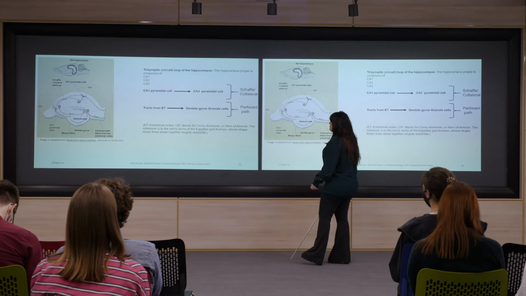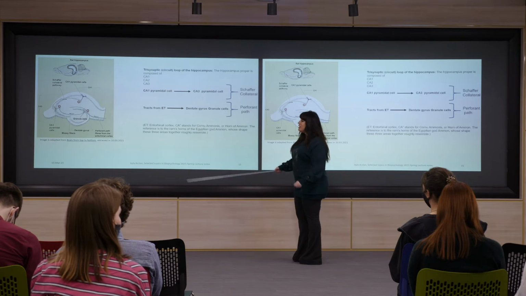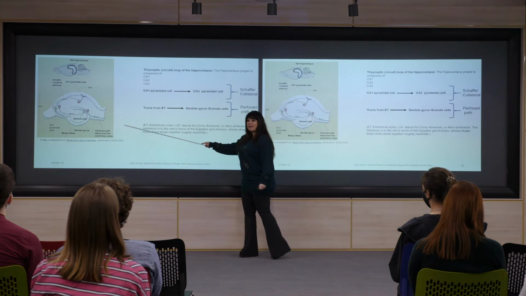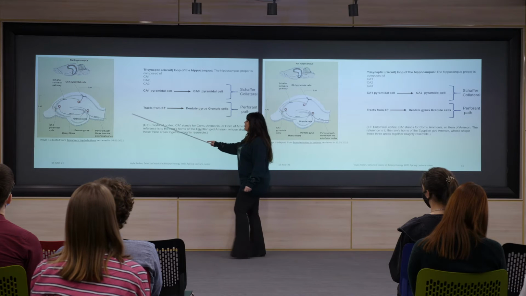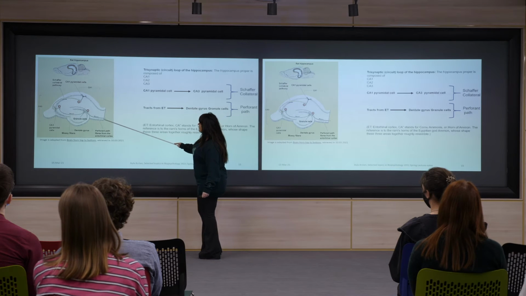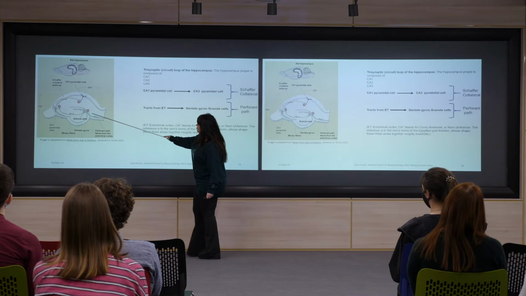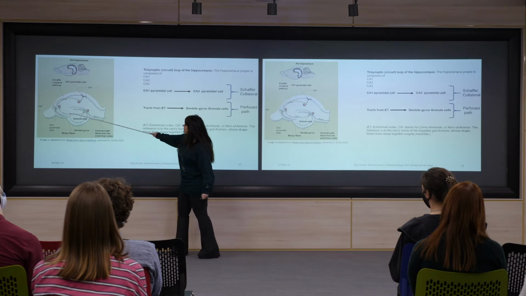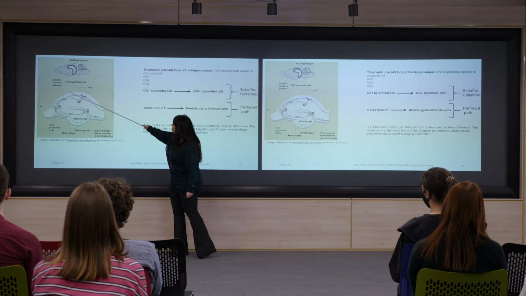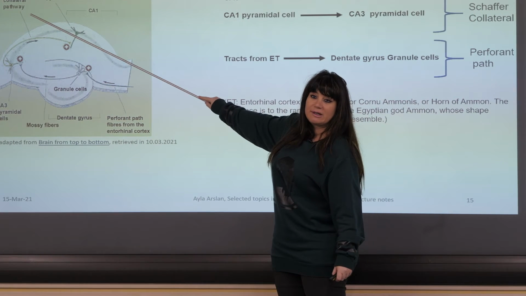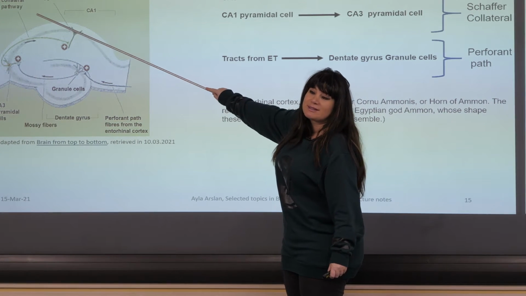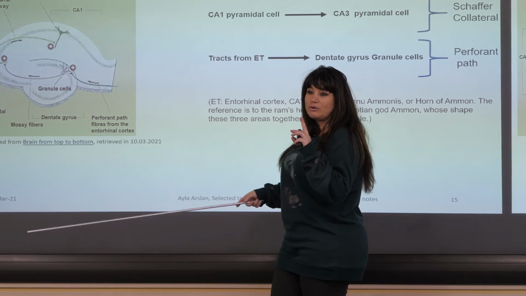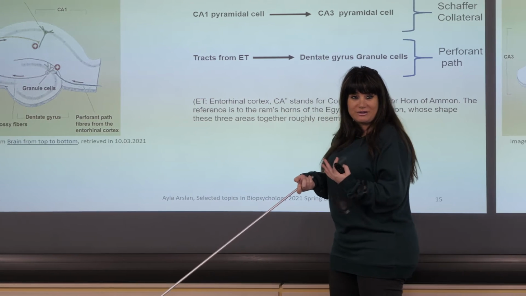But before that, we just need to remember this slide, in which we have the perforant path from the entorhinal cortex to the granule cells, and then you have the CA3 and CA1, which is the Schaffer collateral, in which the LTP was discovered. In the Schaffer collateral, all you have to think of is two neurons that are connected with each other.